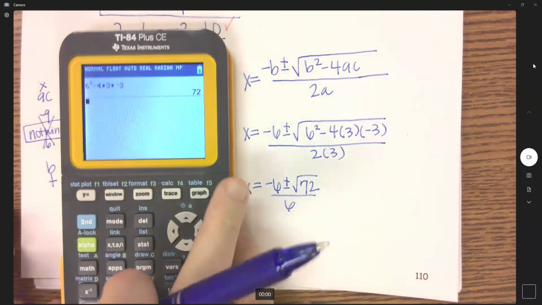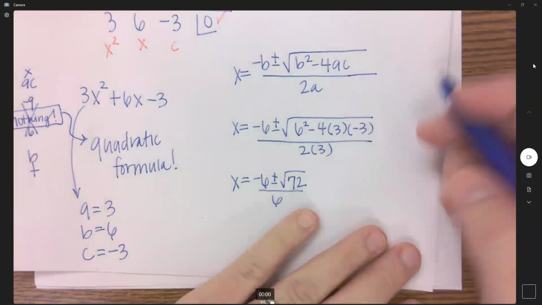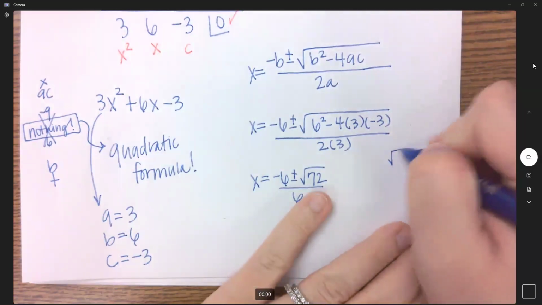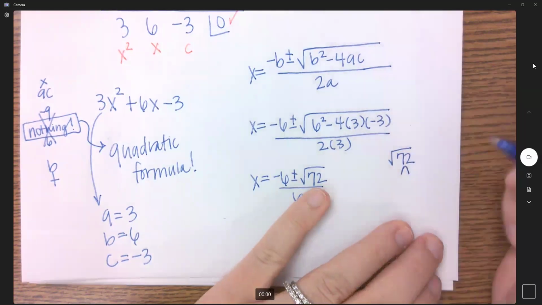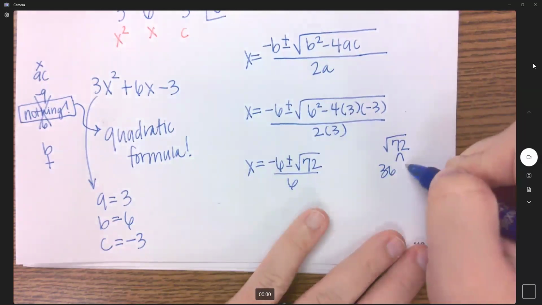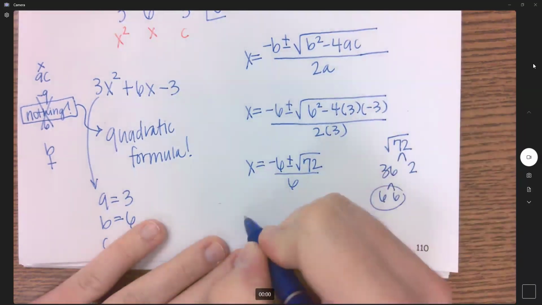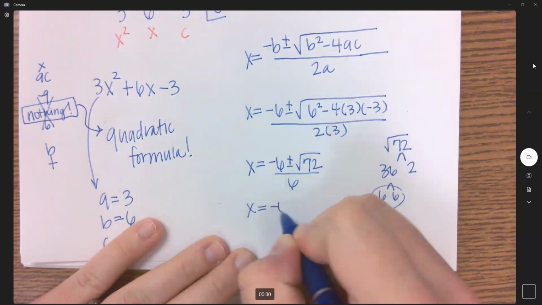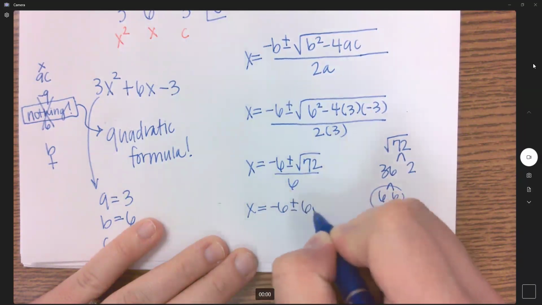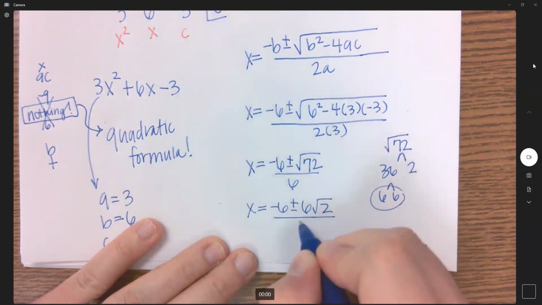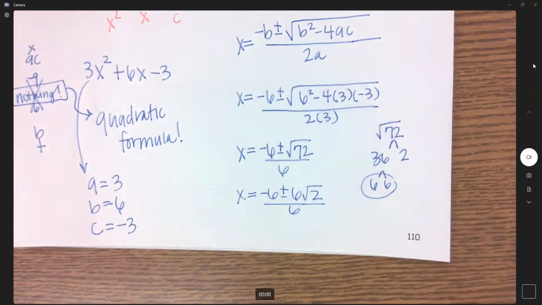Okay, and now I need to simplify the square root of 72. Square root of 72 is square root of 36 times 2, which is 6 square root 2. So we get x equals -6 plus or minus 6 square root 2 all over 6.